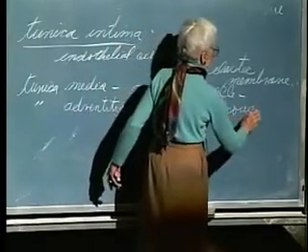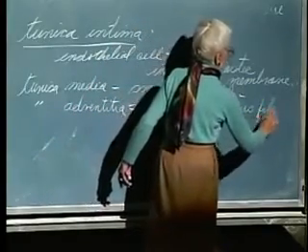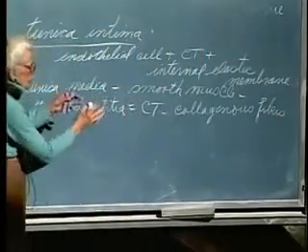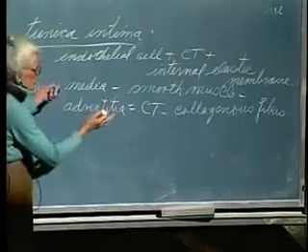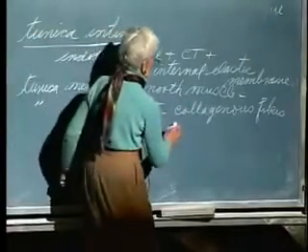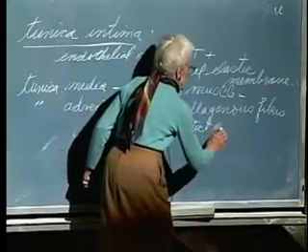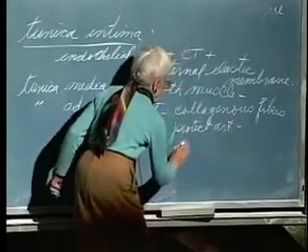These are predominant. But you can begin to figure out if you want to get a tough protective coating around an artery, you're going to put in collagenous fibers. This will protect the artery and give it strength.